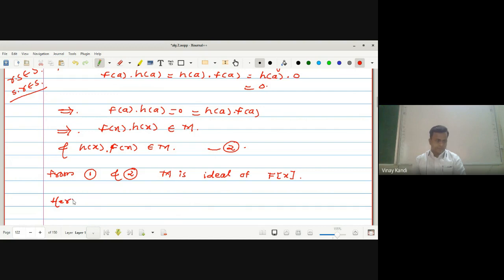Here, this ideal M is not equal to capital F of x. Why? Since, what have we said? M is not equal to capital F of x. Why? If small f of x is equal to the constant polynomial 1, then f of a is not equal to 0. If we put x is equal to a, f of a will be 1, since it is a constant polynomial, which is not equal to 0.